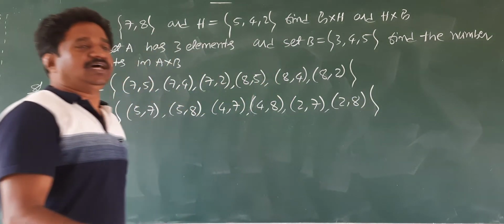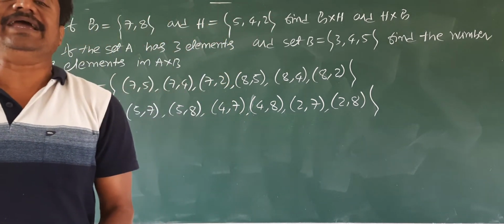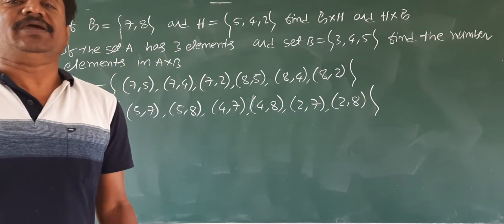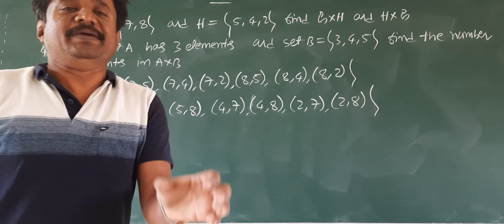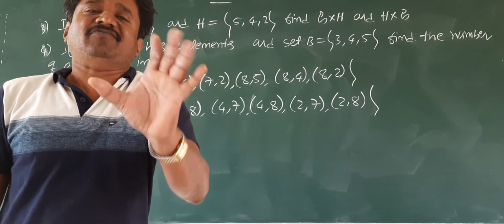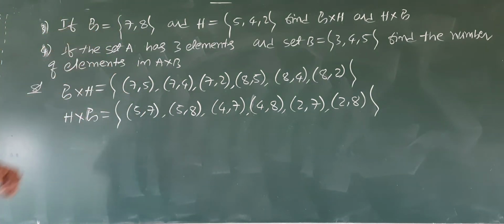So we got H cross G also. One thing you remember, students: A cross B never is equal to B cross A. A cross B and B cross A are not equal sets. Keep that in mind. So let us go for solving one more question.